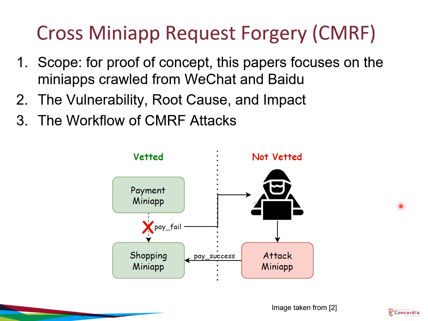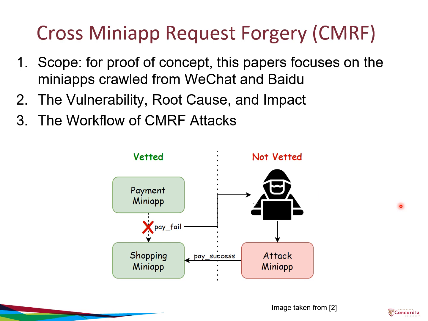Any consumption of the request without an application ID check could lead to a cross-Miniapp request forgery attack, where an attacker can inject a forged request for a malicious purpose. And besides, for the CMRF vulnerability to be impactful, it requires that the victim receiver Miniapp have access to protected resources such as Bluetooth, payment, or location.